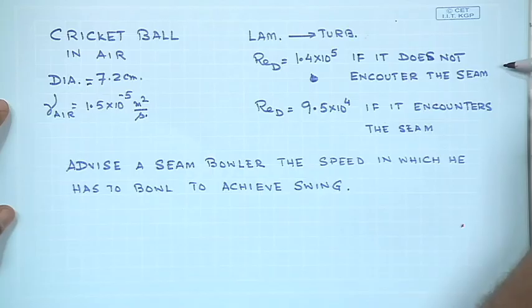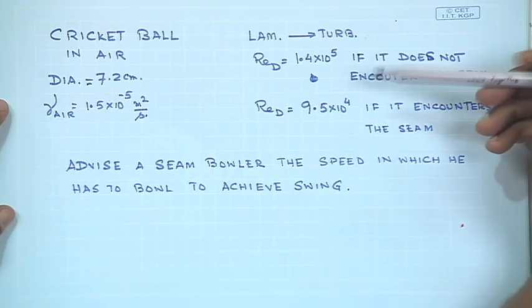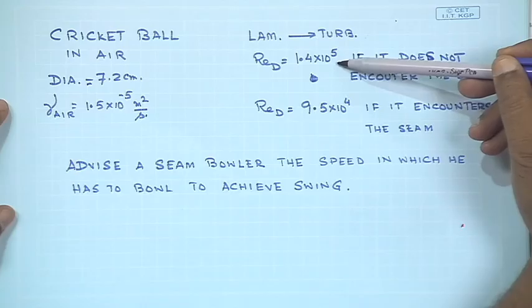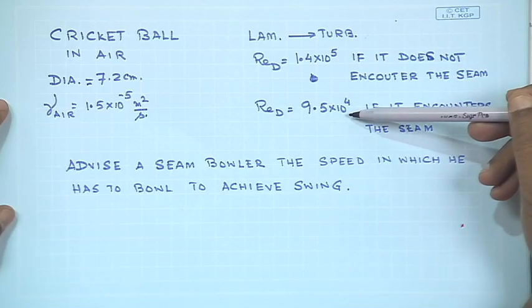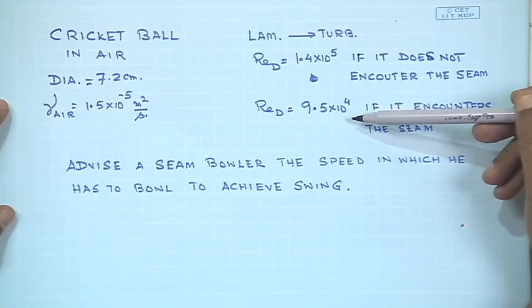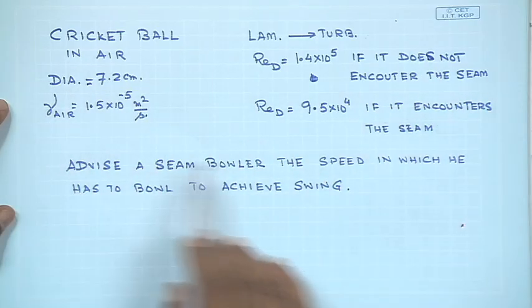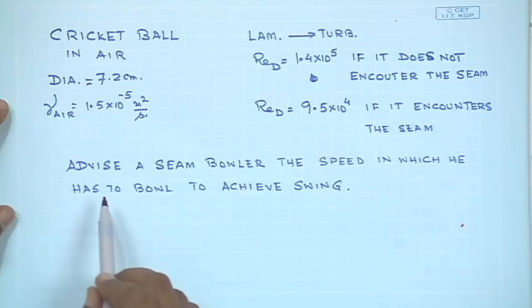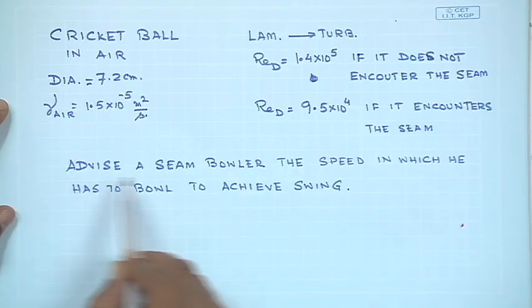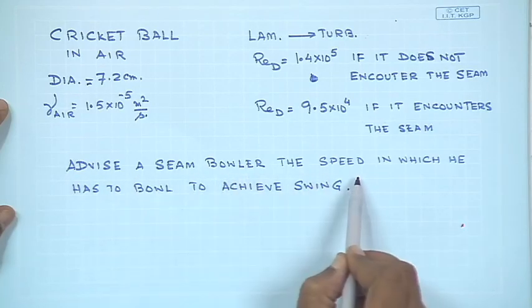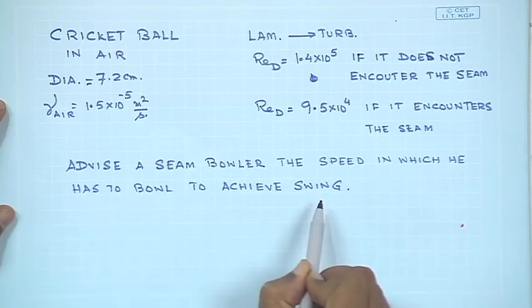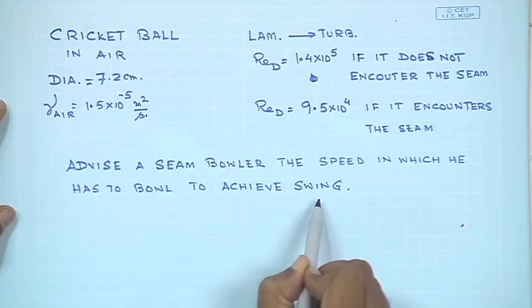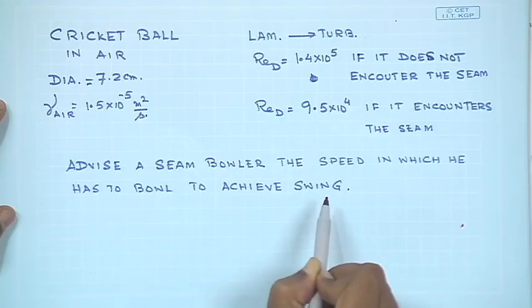So, if the air over the ball encounters the seam, the transition takes place at this value of Reynolds number. If it does not encounter the seam, this is the Reynolds number at which the transition would take place. That's all the information which you have, and based on this you have to advise a seam bowler the speed at which he has to bowl to achieve swing, that means movement of the ball while it is in air.